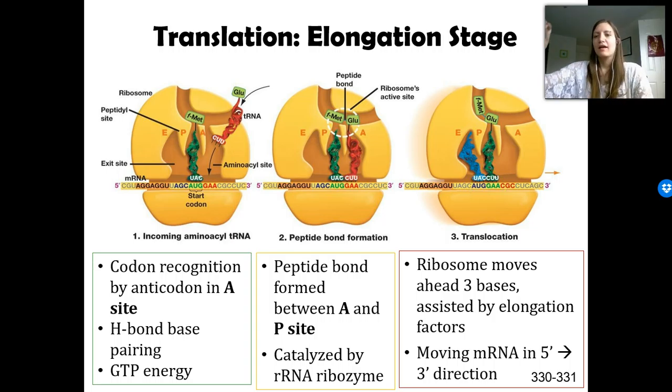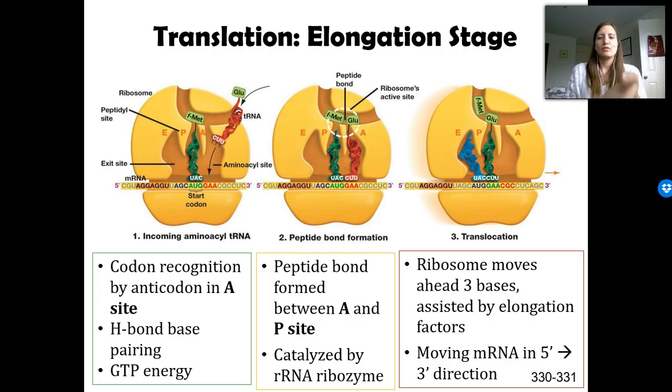So we've moved a codon ahead, or 3 nucleotides ahead, and so you can start it all over again. Now you're going to get a new tRNA coming into that A spot. That new tRNA has an amino acid that's going to form a peptide bond with the P group. And then once that peptide bond's formed, you're going to pull on that mRNA that frees open the A spot. Just keep doing that over and over and over again.